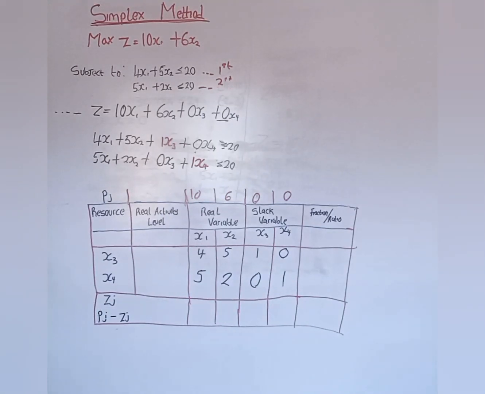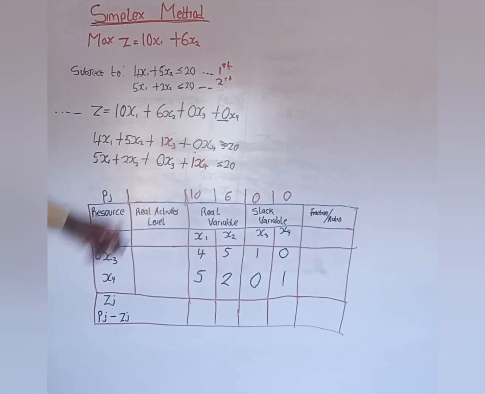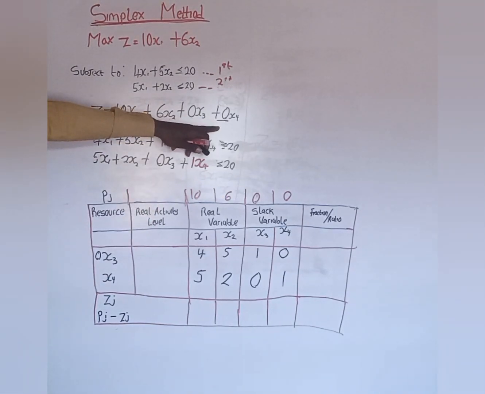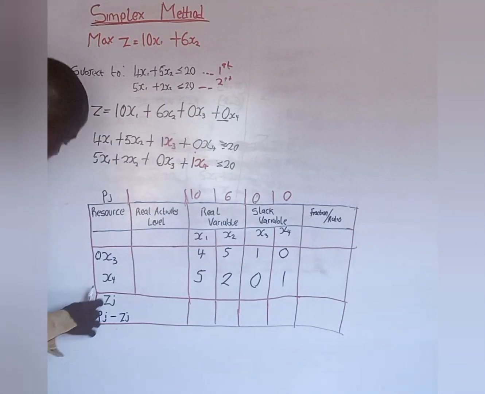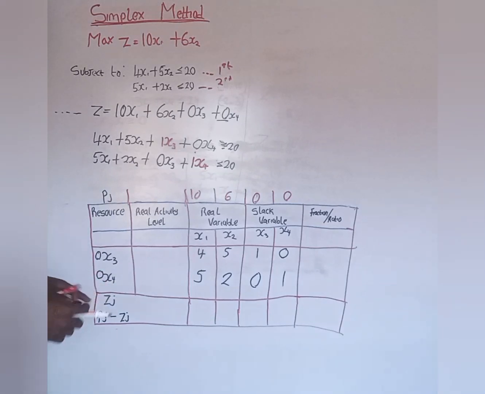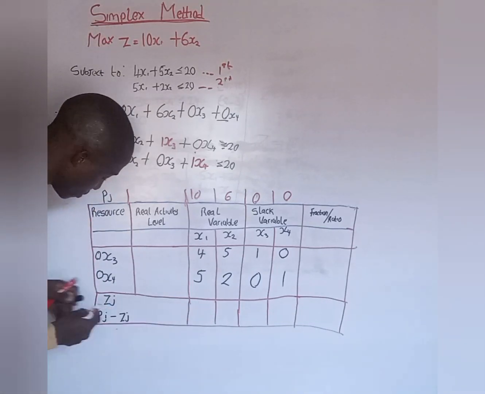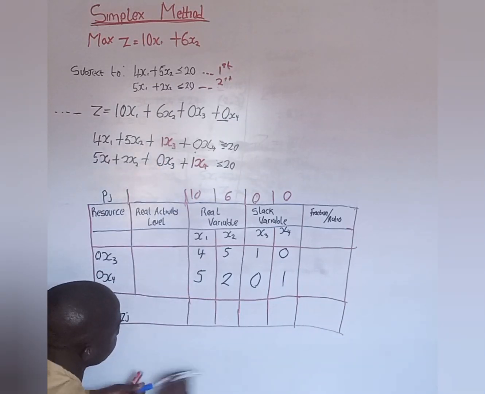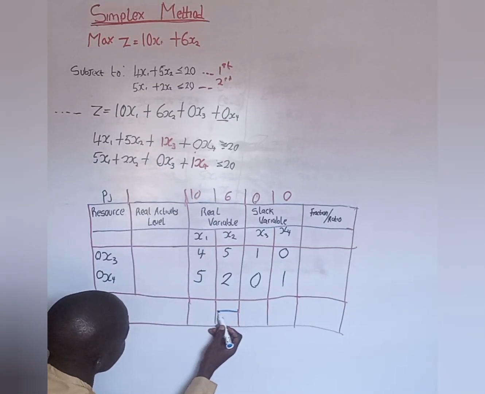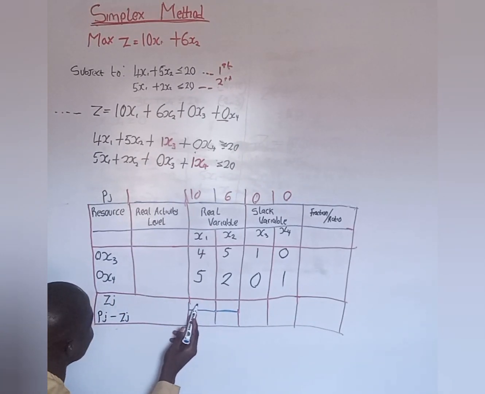Don't forget that the coefficient of x3, which is the slack variable, in our objective function is what? 0. So I'm going to be having 0 here. And the coefficient of x4 in our standard objective function is what? 0. So now I have this. If I want to get the value of my zj for this place, let me start from this.